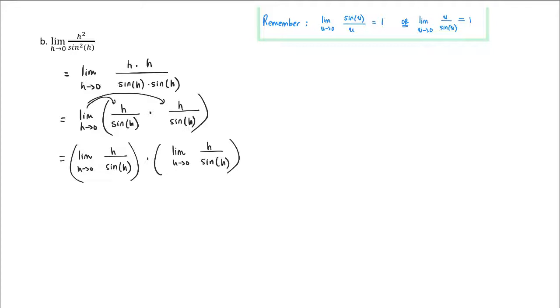I don't have to adjust the variable under the limit, because now everything is just h, and I already have h. So no adjustment is necessary there. And I already know that this limit is equal to 1 and this limit is equal to 1 as well. So we're going to have 1 times 1, and that will give us 1 as the value of the limit.